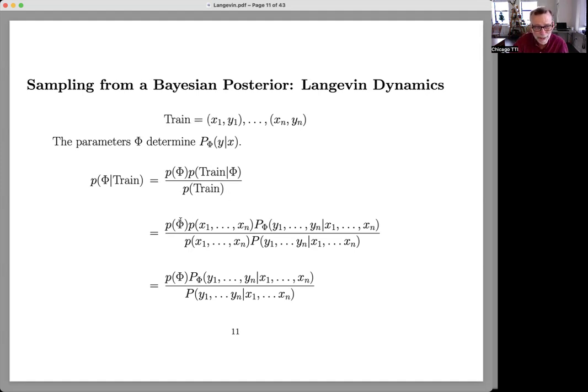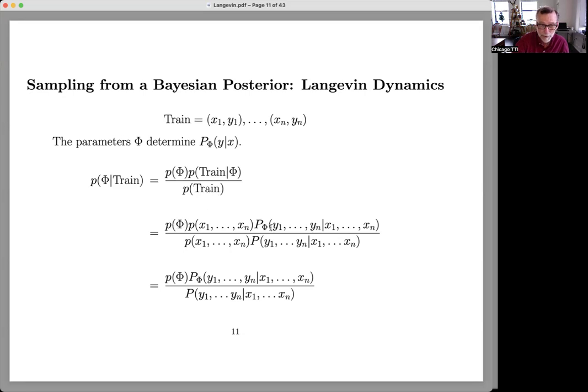And the probability of the training data given phi is the probability of the images, which is not determined by the model, times the probability of the labels y given the images. And we'll assume independence, so this is just the product of y1 given x1, and so on.